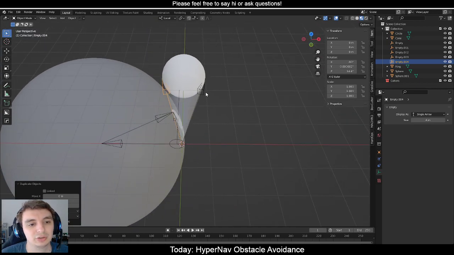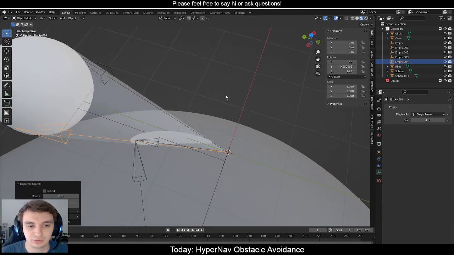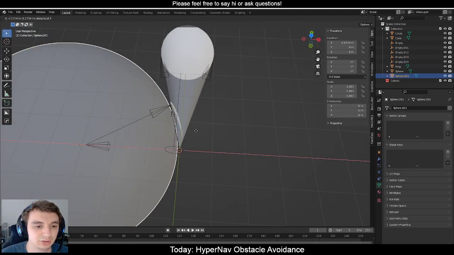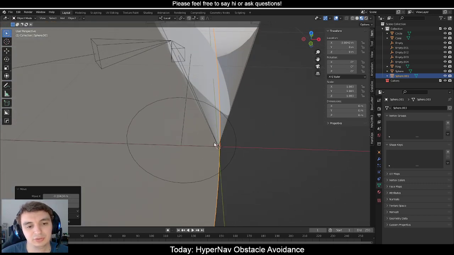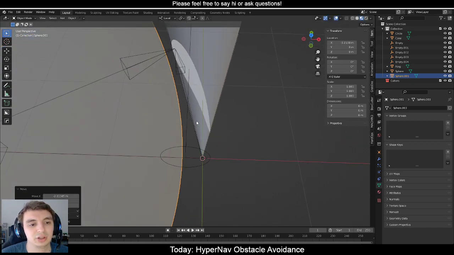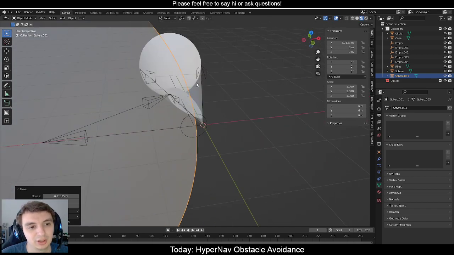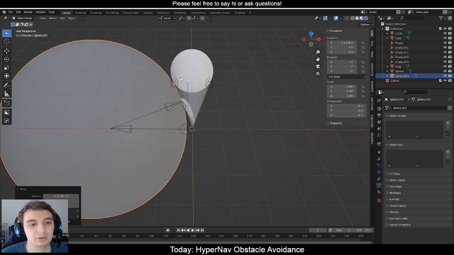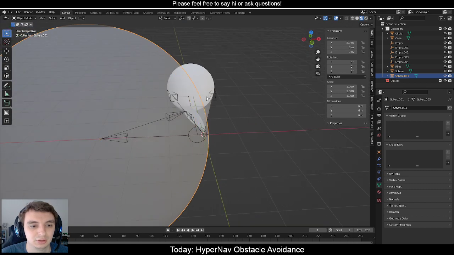Oh, okay, no, these vectors will always exist. But their intersections with the sphere may not exist. So if the sphere, for example, was over here, then they would both intersect the sphere at the same point. Or if it was further away, they wouldn't intersect the sphere at all. That means that I don't have to worry about this, and I can just keep moving in my desired velocity, because it would be impossible for me to collide with this sphere.